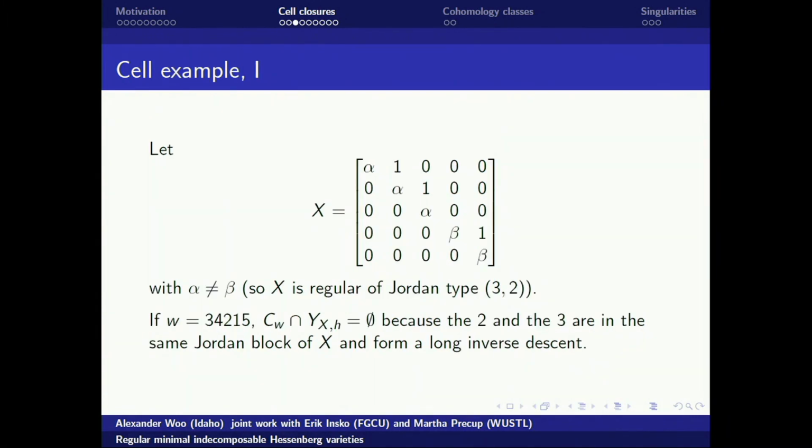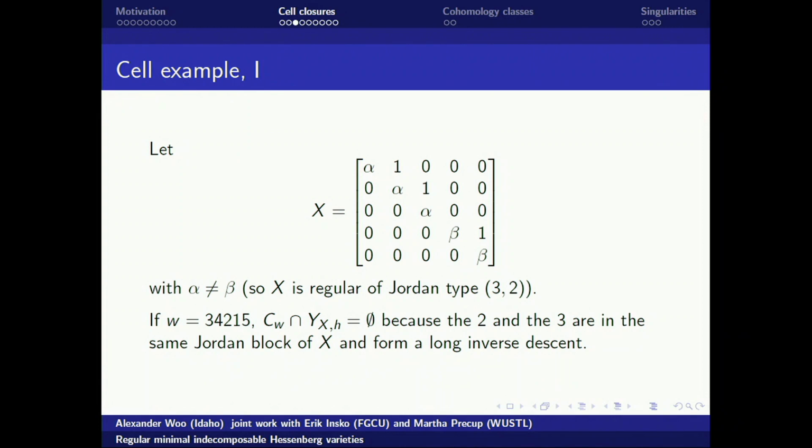All right. Let's take this Jordan form. Alpha and beta are two arbitrary complex numbers. They cannot be the same because this has to be regular. Okay, 3, 4, 2, 1, 5 is not admissible. Why is it not admissible? It's not admissible because you have a 3 and a 2, and 3 and 2 are in the same Jordan block, right? Your Jordan blocks are 1, 2, 3, and 4, 5.